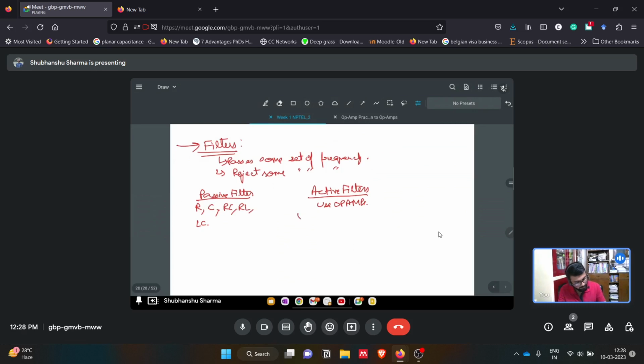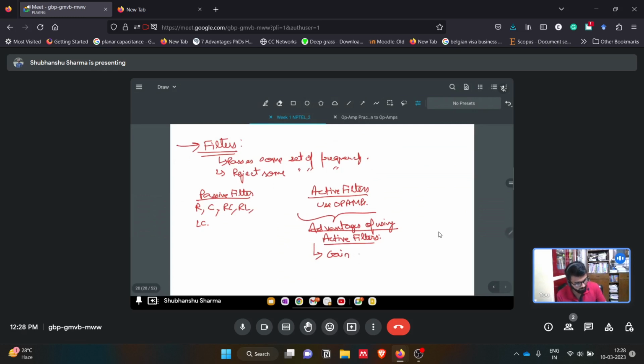So the advantages of using active filters: we can adjust the gain of the op amp, or we can adjust the gain of these filters based on our requirements.